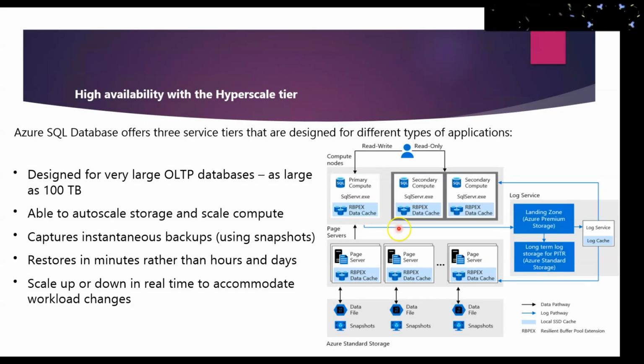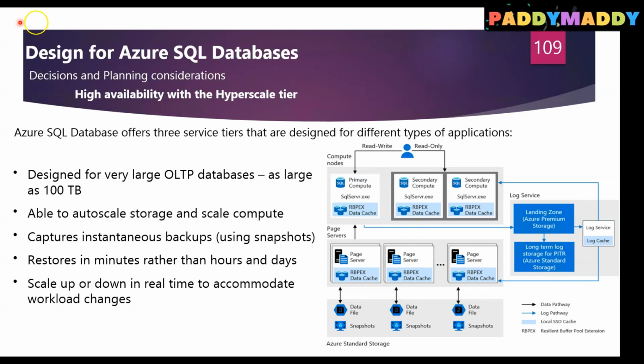And coming back to the other one which we just talked about, Hyperscale, this is for highly available, large demand-based applications. These are bigger, mission critical OLTP workloads, very similar to what we have learned in the past, like Business Critical, but it is hyper critical.